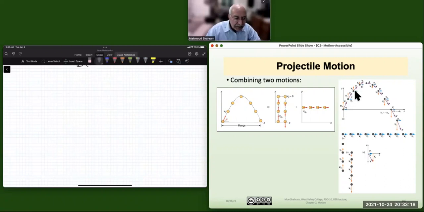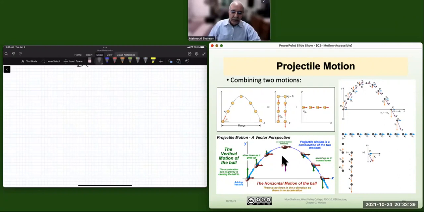But the horizontal velocity stays the same. The x stays the same. And then when it starts coming down, the vertical velocity increases, but still the horizontal velocity is the same until it hits the ground. In all these situations, obviously, gravity is always pulling this thing down. So this is called projectile motion and it has a lot of applications.